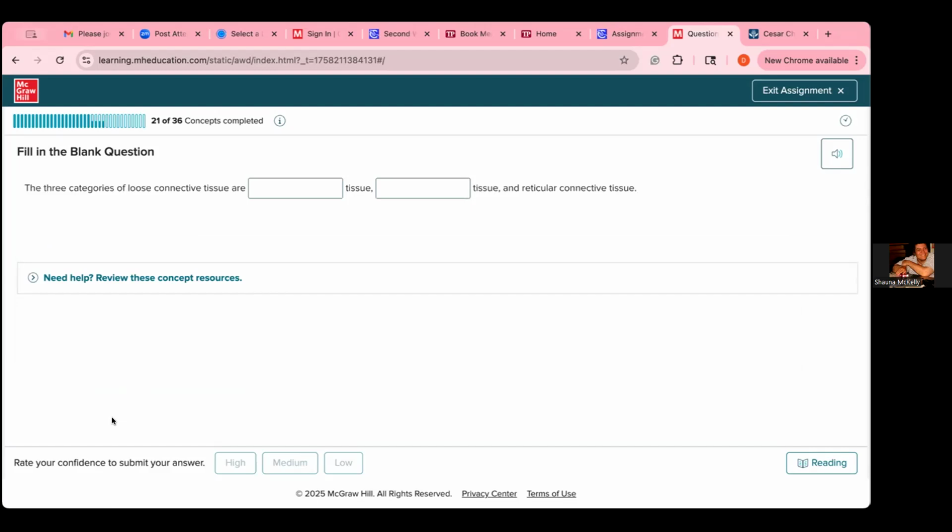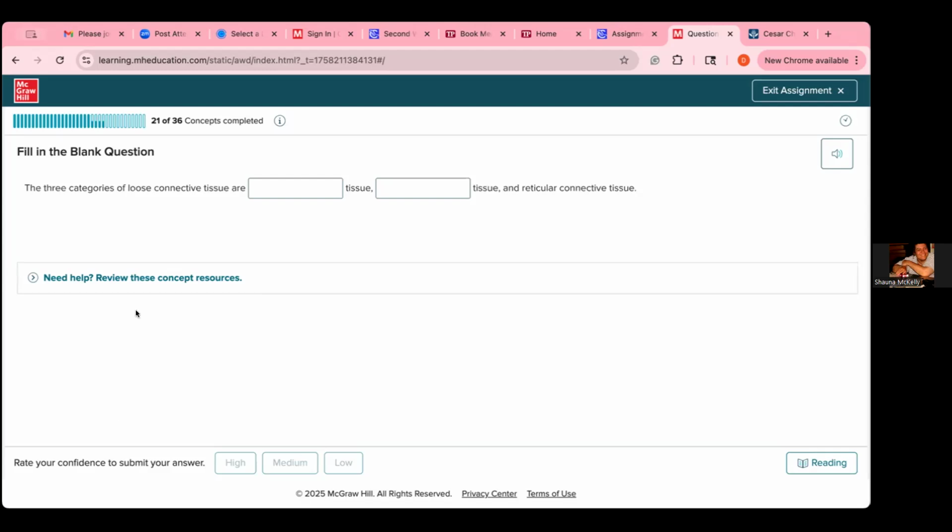Okay, next question. The three categories of loose connective tissue are blank, blank, and reticular connective tissue. Okay, we haven't seen that yet.